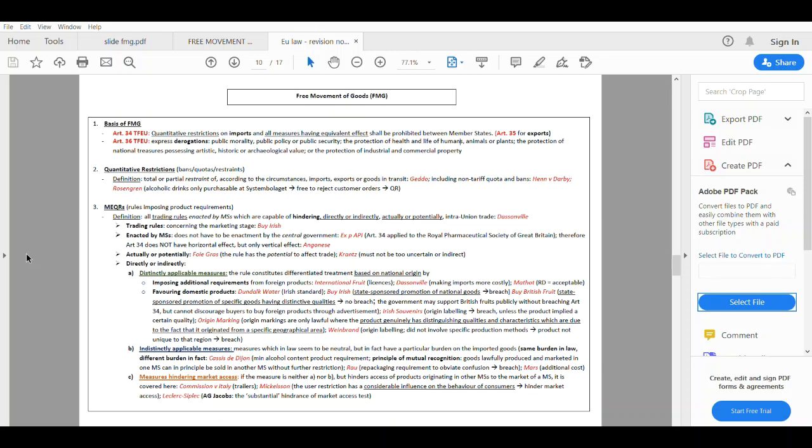So we have already considered the four important derogations on which the member state can rely to justify distinctly as well as indistinctly applicable MEQs.